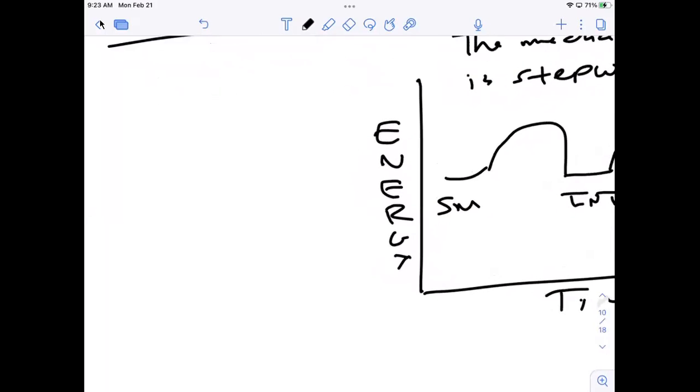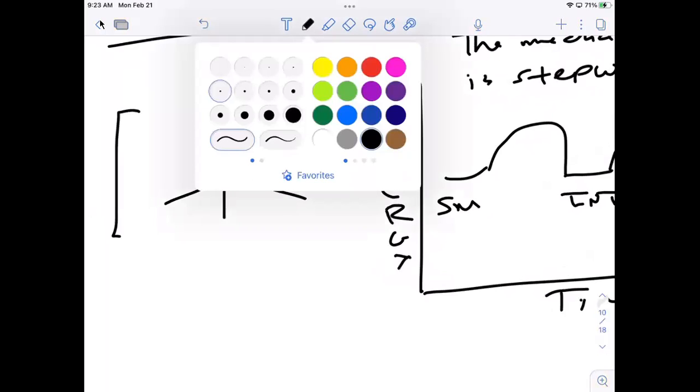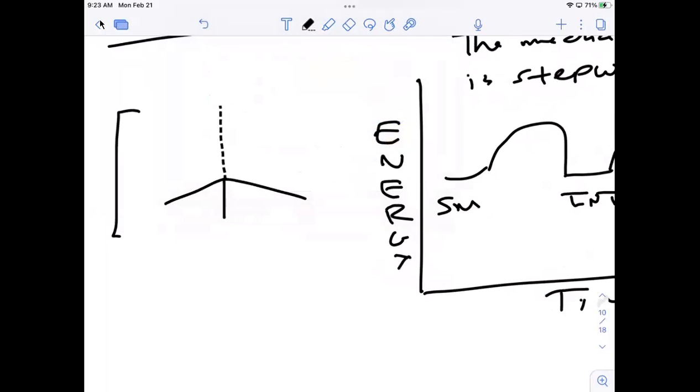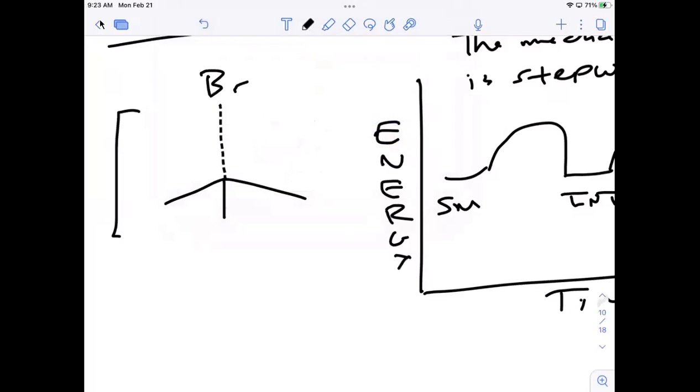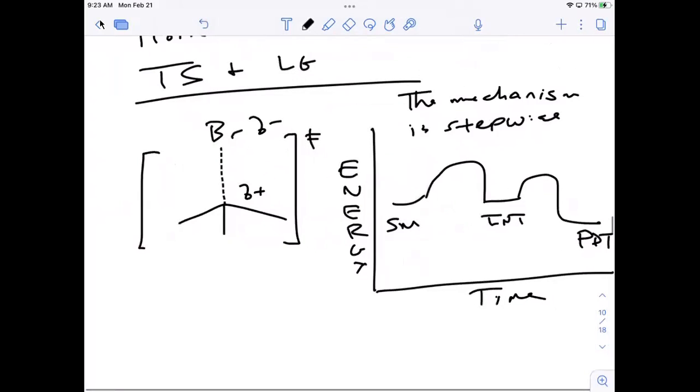The transition state is going to look something like this, where we have a partially broken bond between the tertiary carbon and the leaving group. So this is bromine. This is partially negative. This is partially positive. That's what the transition state looks like.